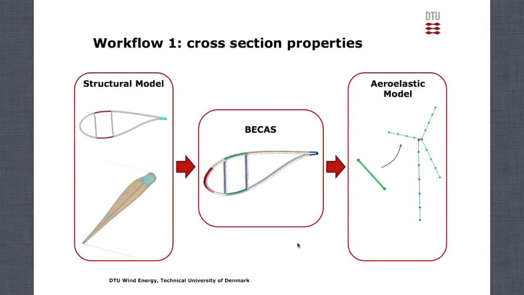So one example of the workflow, or one side of the workflow we have developed for wind turbine blade design using BECAS is the one presented here schematically. So you could imagine that you have a structural model. This could be drawings of the blade. It could be a shell finite element model of the blade. And what you're going to do is cut this model in sections, cross sections of the blade.